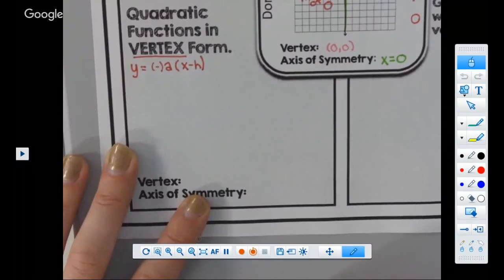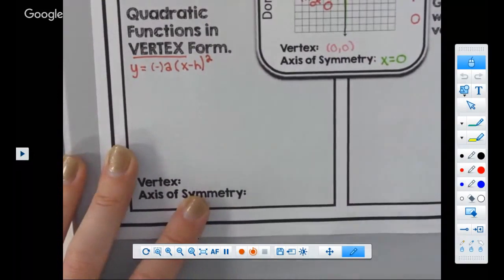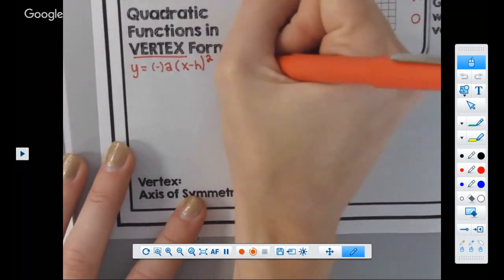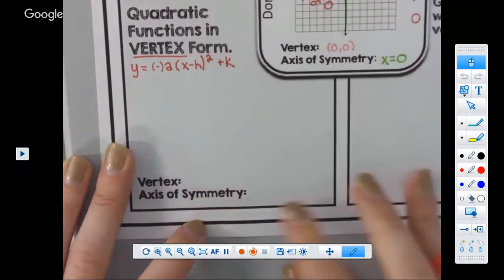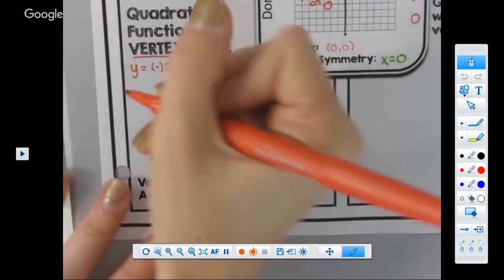It's just like absolute value, but instead of absolute value, we have a squared, right? Because my function is squared. What do you think goes on the outside? So it is the exact same formula we used for absolute value, but instead of absolute value, we have a squared because we're dealing with quadratics, right? Everything is squared. Let's kind of review a little bit.